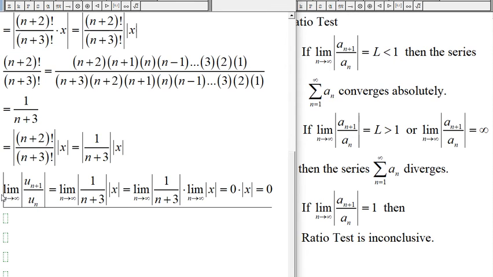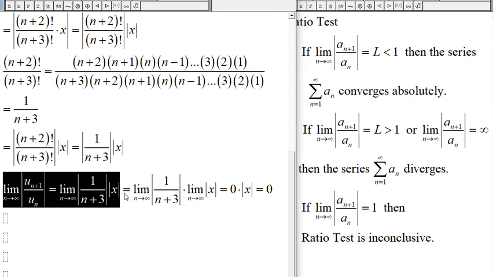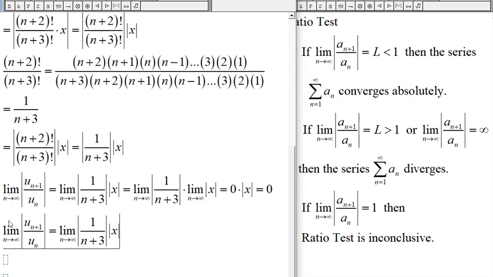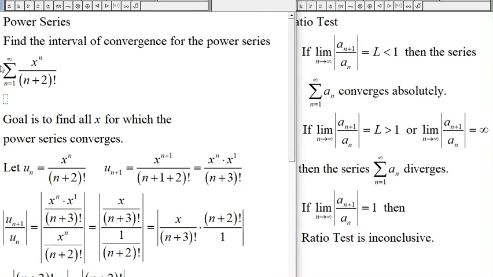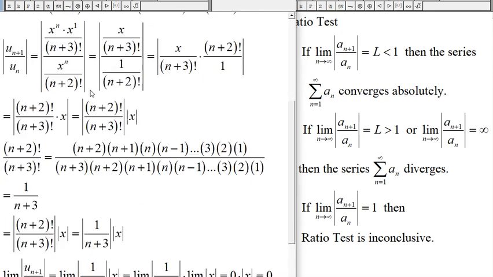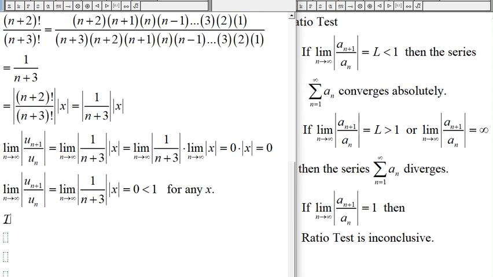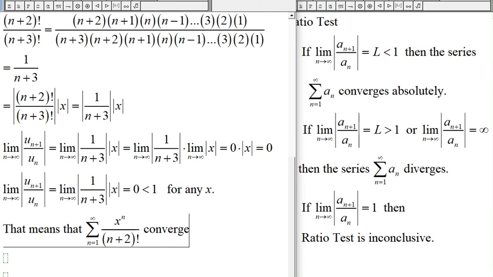And so the limit is equal to 0, which is less than 1 for any x. So what that means is this power series converges for any x.